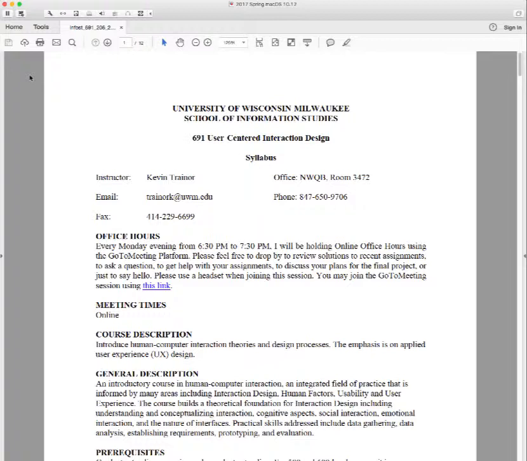And it's about interaction design from a general perspective, from a multi-disciplined perspective, but with a strong eye toward what the information science profession has to bring to these usability concerns, right?